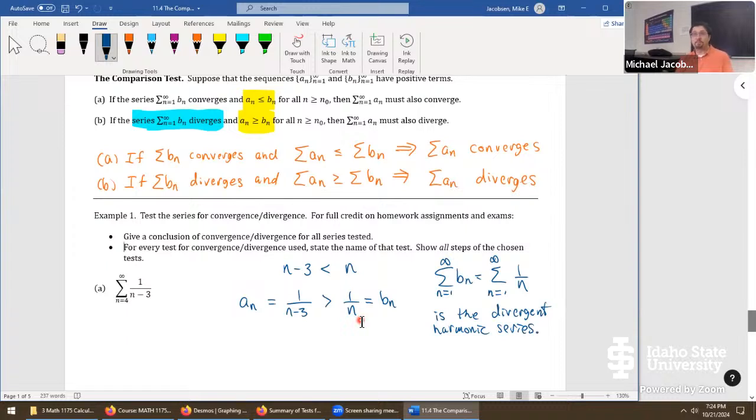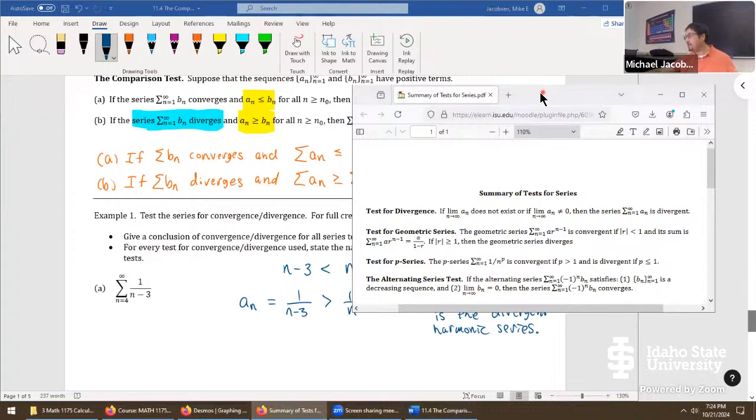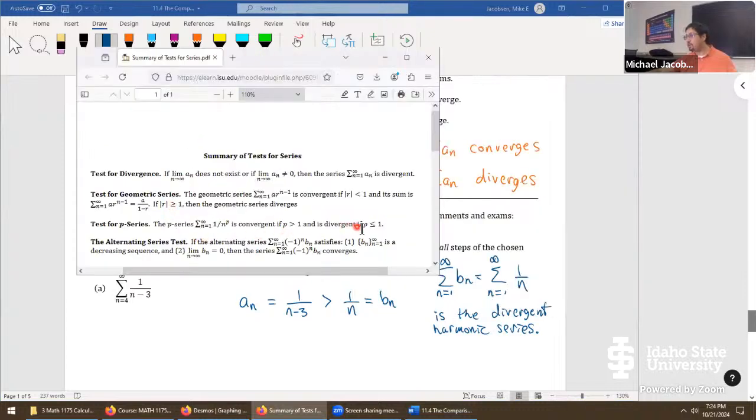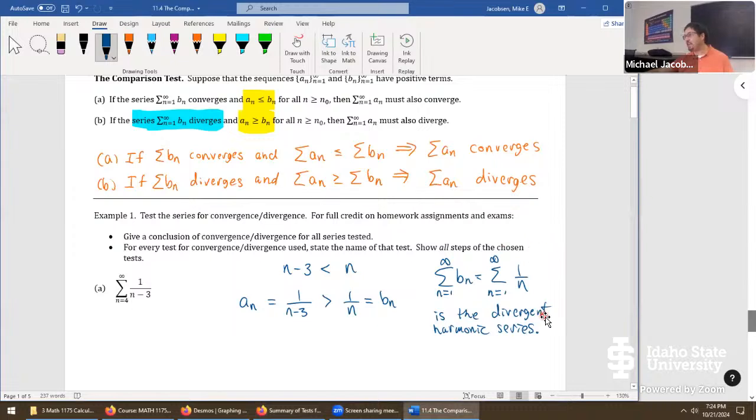You could analyze this as a p series if you wanted, however. You could say, this is a p series with p equals 1, and we would say 1 is less than or equal to 1 right here, so it'd be divergent if you decide to use the p series test. The harmonic series comes up so often, it's just fine to say it's divergent because it's harmonic series, and that would be totally fine.